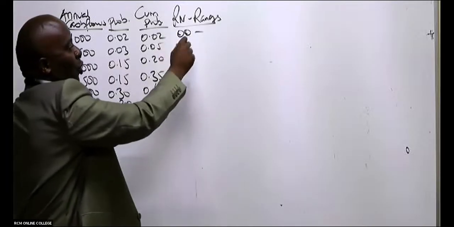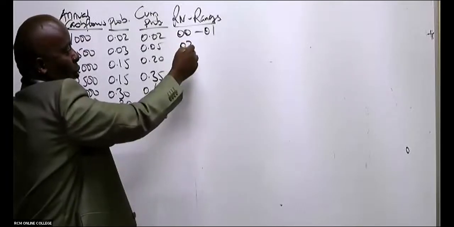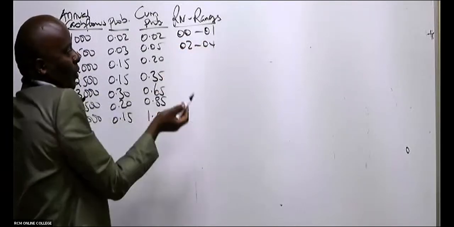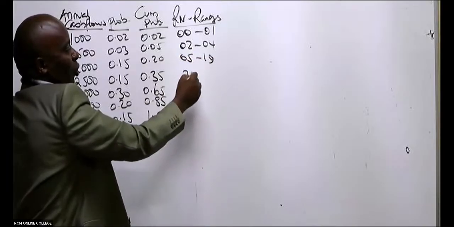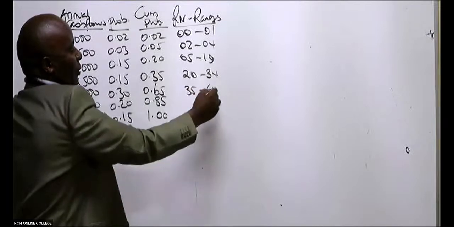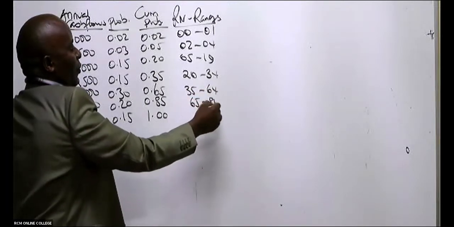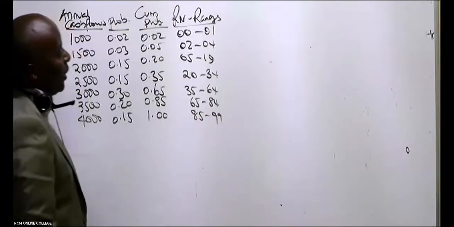So it is 00 to 01, isn't it? The next class will be 02 to 04. Then we have 05 to 19, 20 to 34, 35 to 64, 65 to 84, 85 to 99, like that.